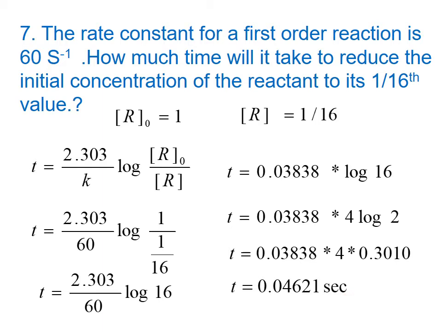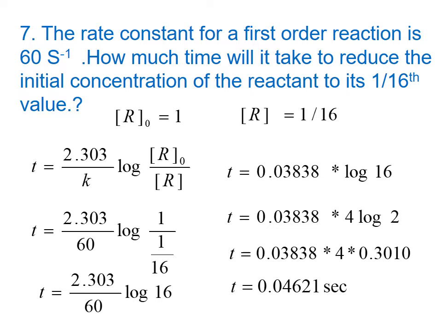The rate constant unit is per second, so the unit of time is also second. So 0.04621 second is required to reduce the concentration of reactant of this reaction from 1 molar to 1 by 16th.